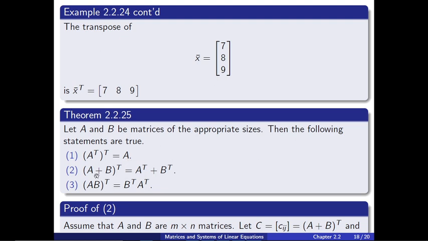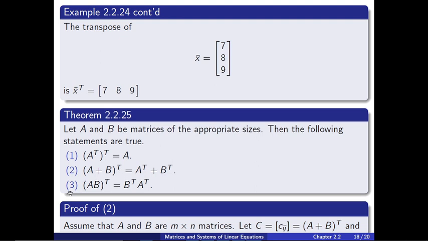And then the second one: the transpose of the sum is equal to the sum of the transposes, right? So (A plus B) transpose is equal to A transpose plus B transpose.